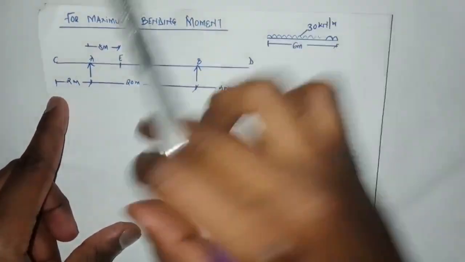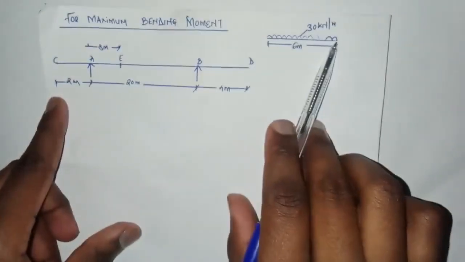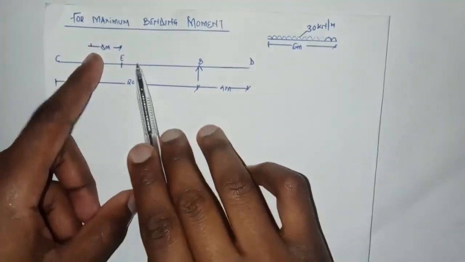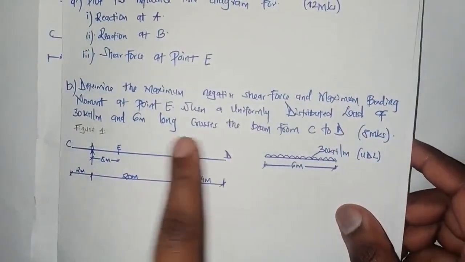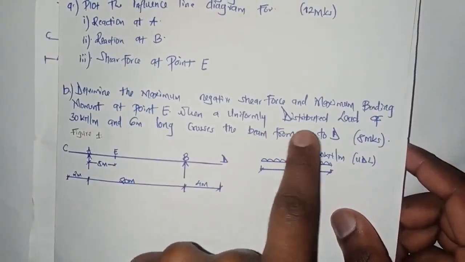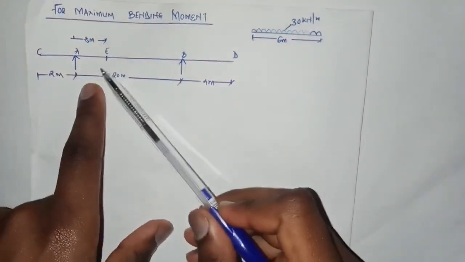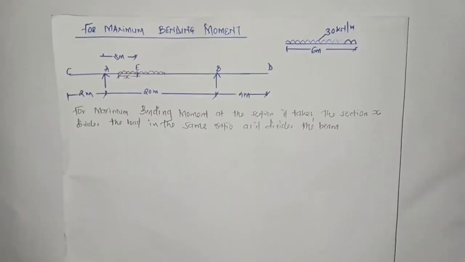For us to calculate this, our UDL must be placed equally divided at point E, because in our question we have to determine the maximum negative shear force and bending moment at point E. So we must place our load of 30 kilonewton equally at point E.